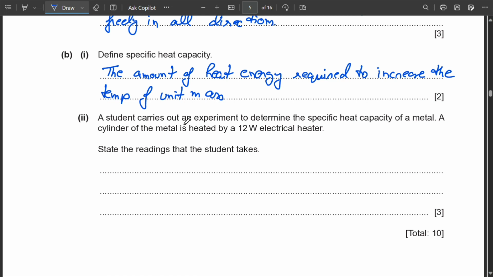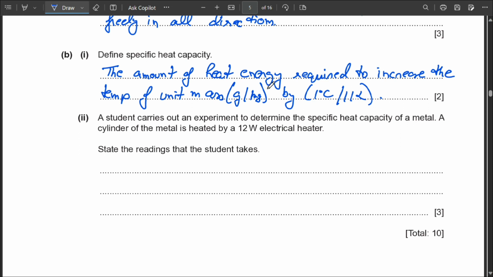Okay, unit mass, so in bracket you can write gram or kg, by 1 degree Celsius or 1 Kelvin. See, K represents Kelvin, that is by 1 Kelvin.